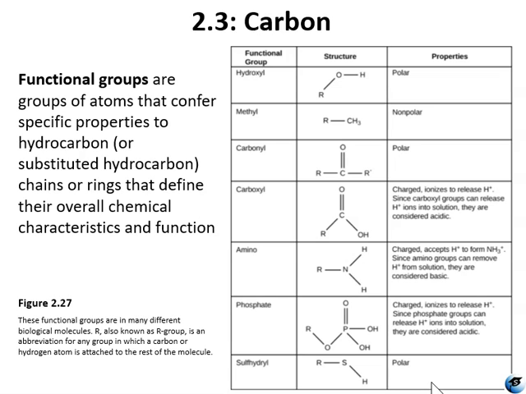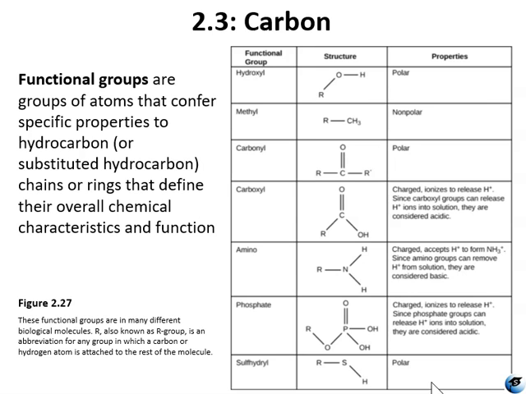Figure 227 gives a nice summary of important functional groups, what their structure is, what their chemical properties are. But note that wherever you see an R, the letter R, in these chemical formulas, this R group is a stand-in for various atoms that may be attached at this location in the functional group.